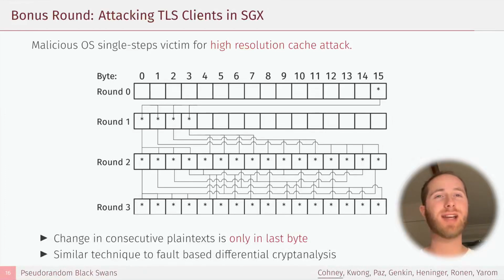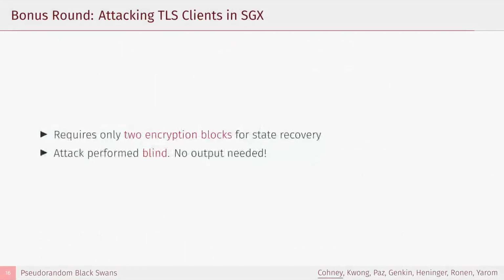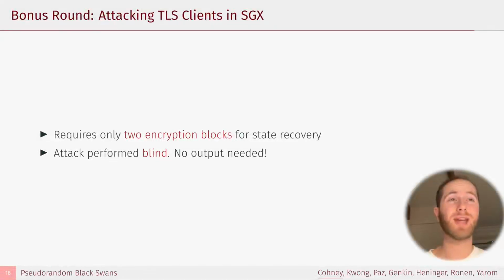This allows us to use a technique very similar to fault-based differential cryptanalysis, which relies on minimal differences between plaintexts to recover the key. We note that consecutive counter DRBG plaintexts only differ in the last byte, as it's a counter that's just being incremented. We are therefore able to obtain a differential path that we can use to recover the encryption key with only 2 encryptions.